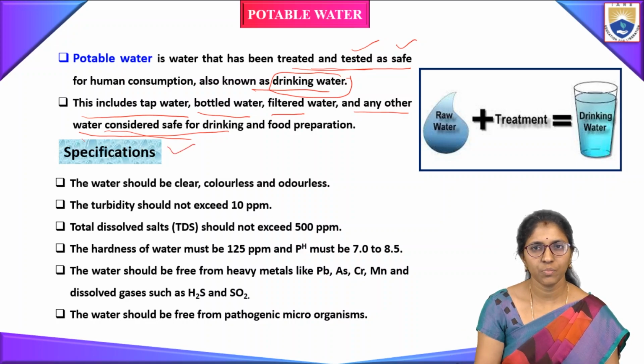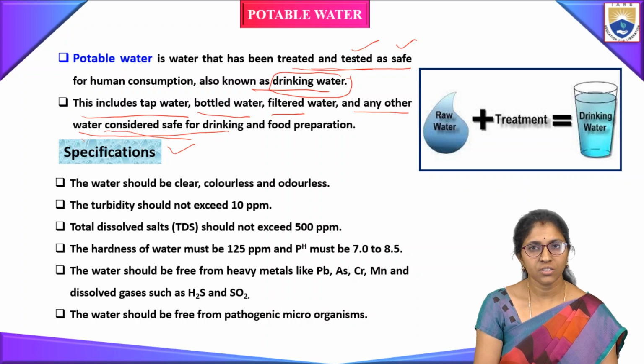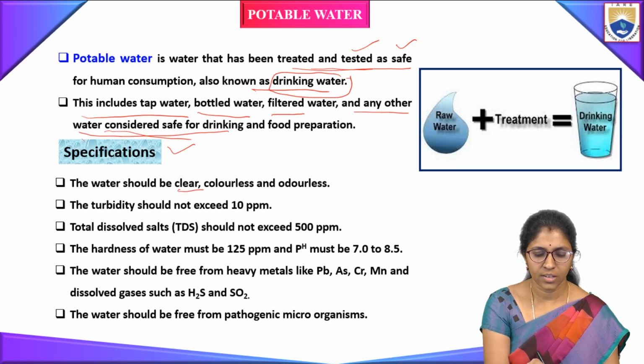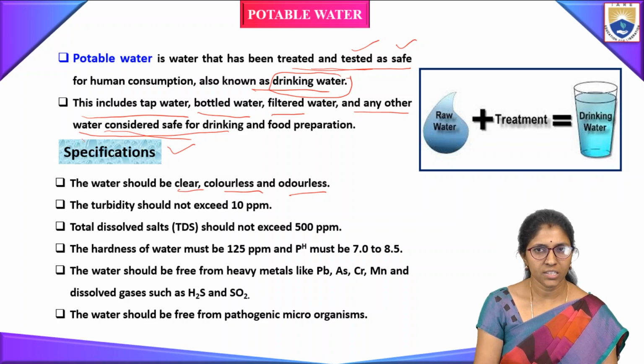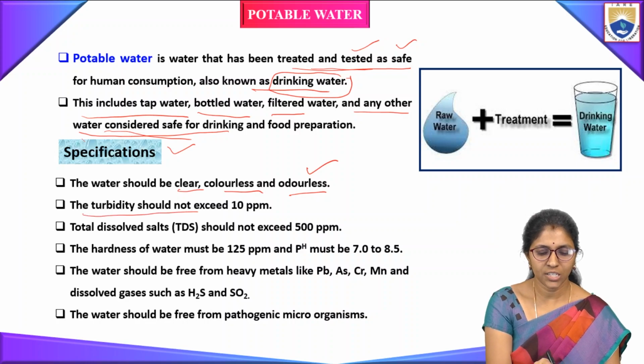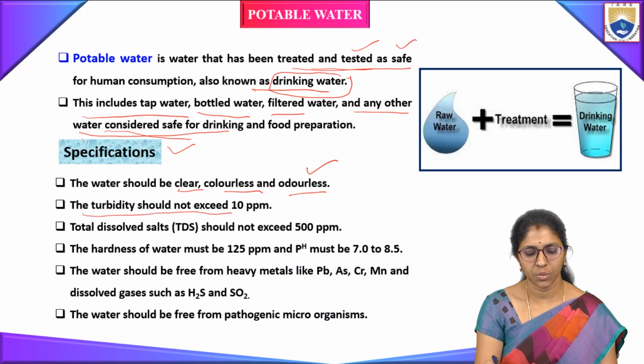Now, the specifications of potable water. The water should be clear, colorless, and odorless. The turbidity should not exceed 10 ppm.